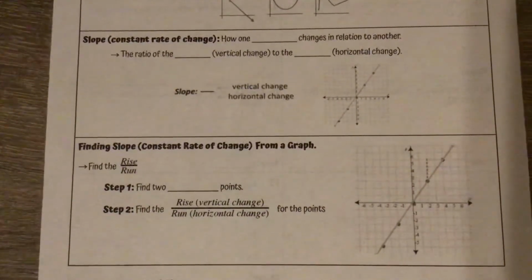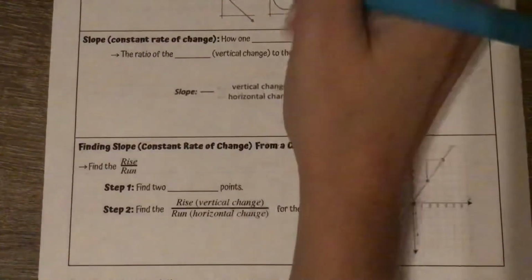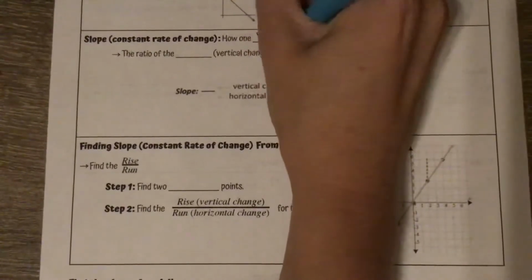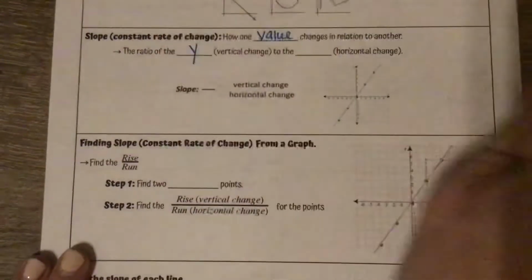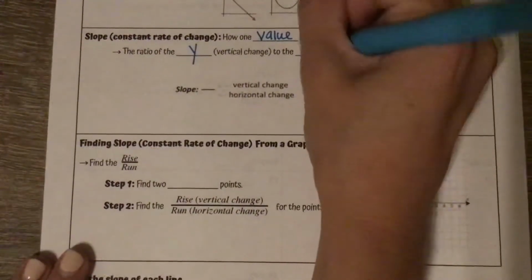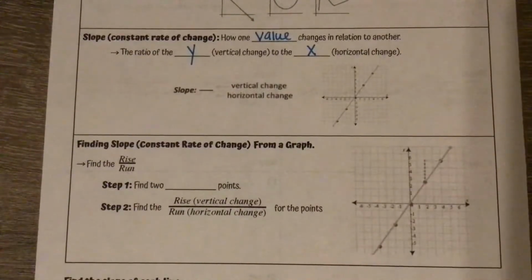So slope or constant rate of change, they are kind of interchangeable. It is how one value changes in relation to another. The ratio of the y, which is the vertical change, to the x, which is the horizontal change, is what you are looking at when you're finding that rate of change.